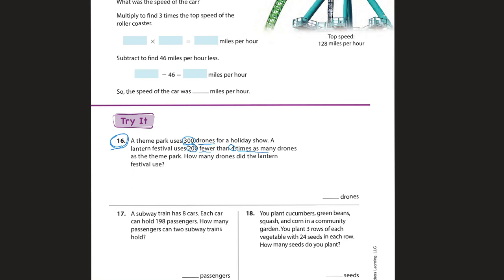Okay, let me write what I know. So a theme park, I'm just going to write theme P. They use 300 drones. And the lantern festival, or lantern F, they use 200 fewer than 4 times as many drones. So wait, they have 4 times as many drones.